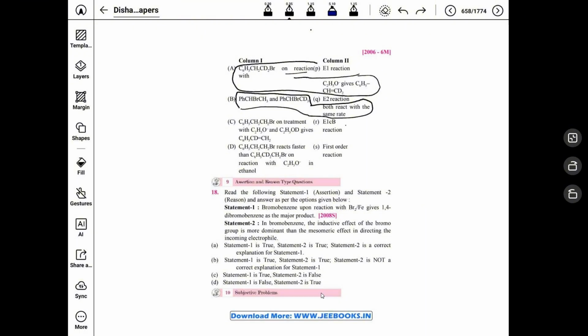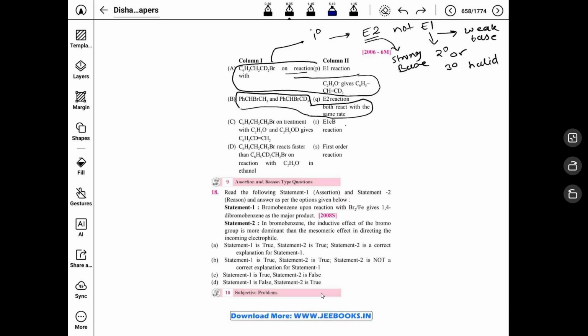So first we should understand that whenever you see primary halides, there is a possibility of E2, not E1, and for E2 we need a strong base. For E1 a weak base is enough, and it's shown by secondary or tertiary halides.